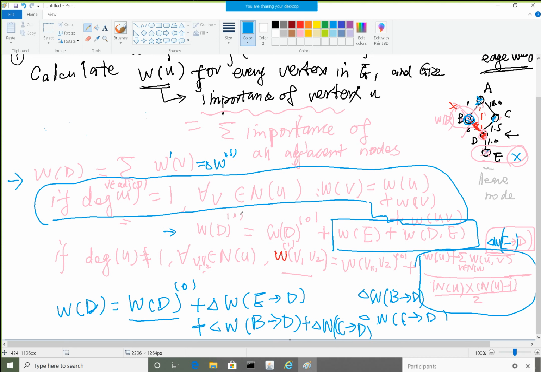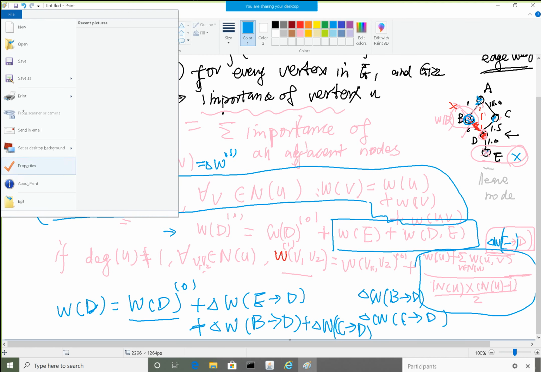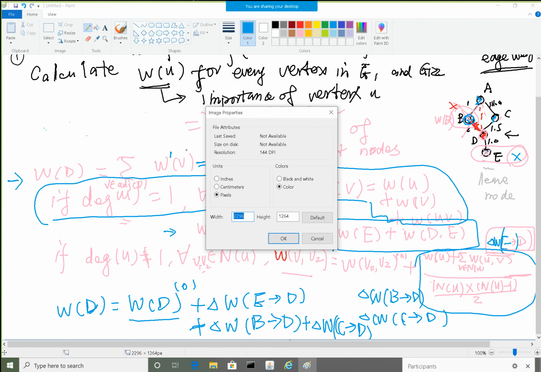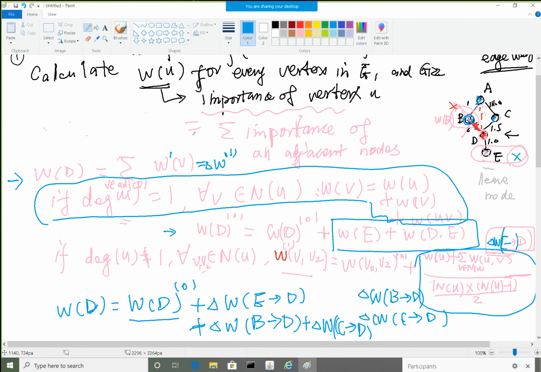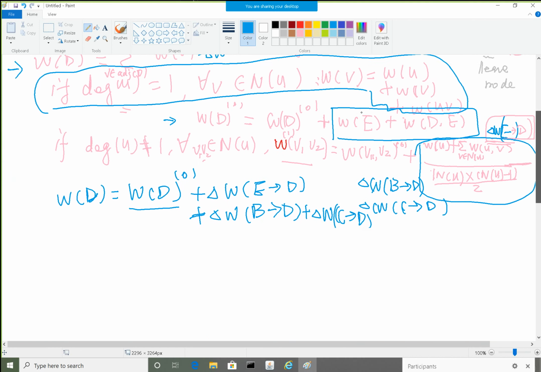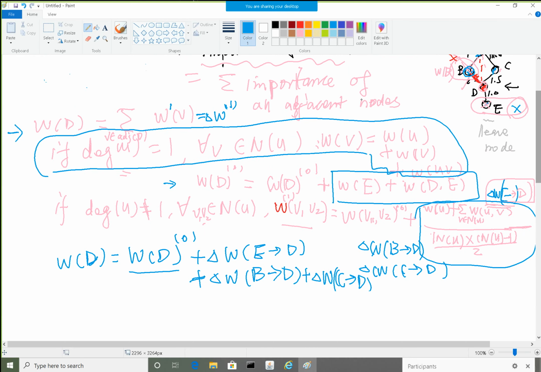Can you see? Good. So now I want to ask a question. Is this clear, or not clear? So this is the formula for these two together.